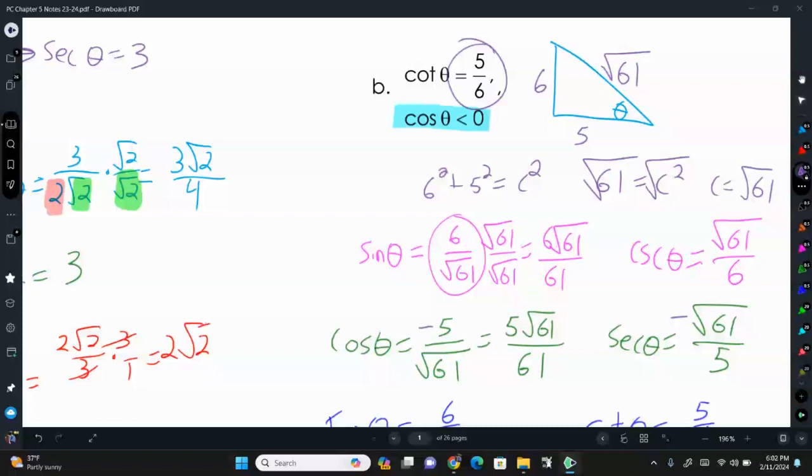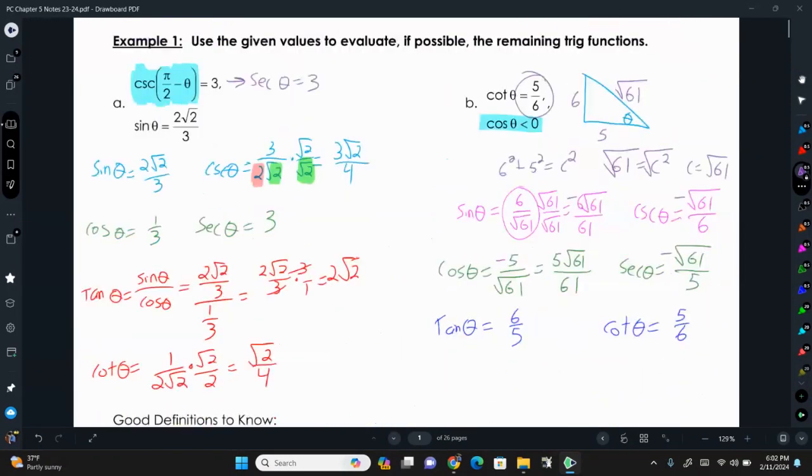Well, if cotangent is positive, the only way for that to be true is if we are in quadrants 1 or 3, and because cosine's already negative, that means we are in quadrant 2 or 3, so then these have to be negative as well. So the triangle probably was a bit quicker in that one than using identities for that same problem. So we can use either one.